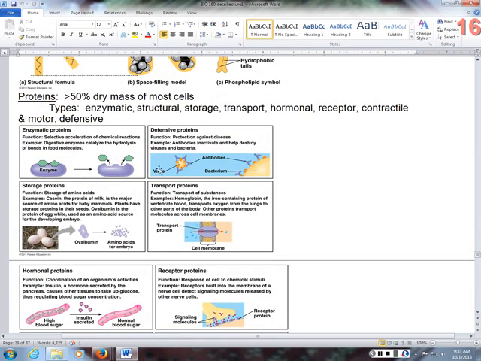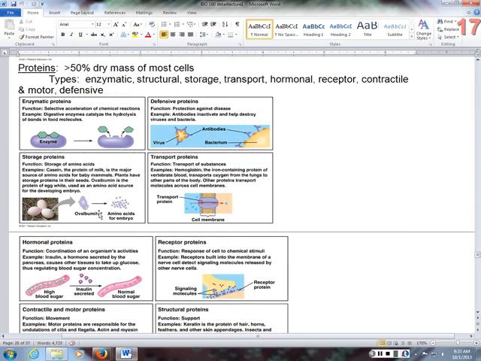And the types of proteins we have: enzymatic proteins that will act like enzymes, and defensive proteins, which are used to make your immune proteins. You can have storage proteins that help to store amino acids. For example, ovalbumin in eggs gets broken down into amino acids to help build an embryo.